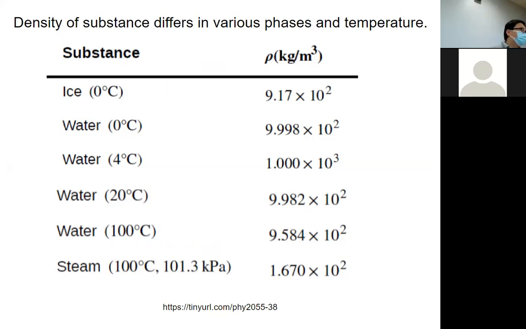But for water, it actually has a very unique region: when the temperature increases from 0 to 4, its density also increases. After 4 degrees Celsius, the same trend goes as for other materials.